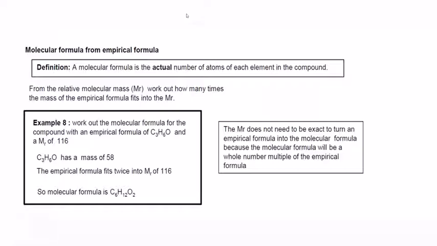Molecular formula of a compound. How can you find the molecular formula? From the empirical formula you can find the molecular formula, which represents the actual number of atoms of each element present in a compound.